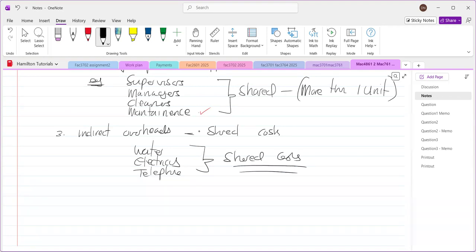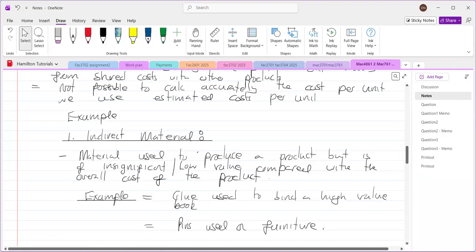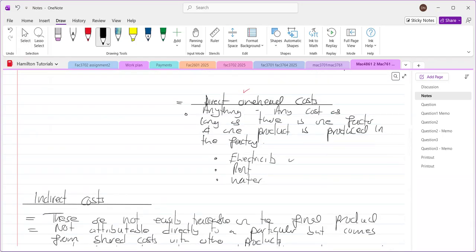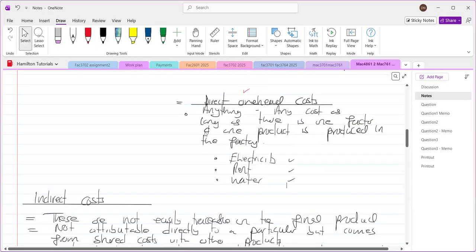In a setup where you have one product being produced in one facility, all these costs will be directly attributable to that product. It then becomes direct overhead. For example, I have electricity, rent, and water here, but I'm saying you are producing only one product, so all of that cost goes to that particular product.